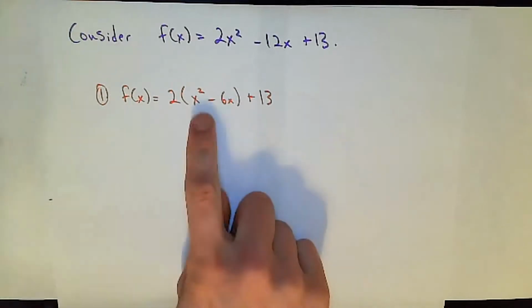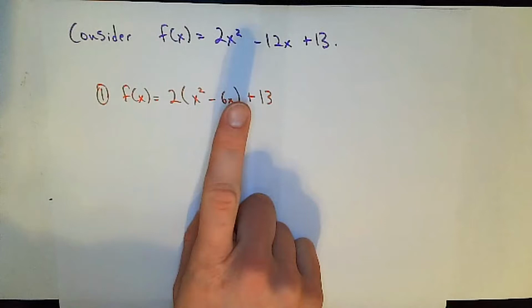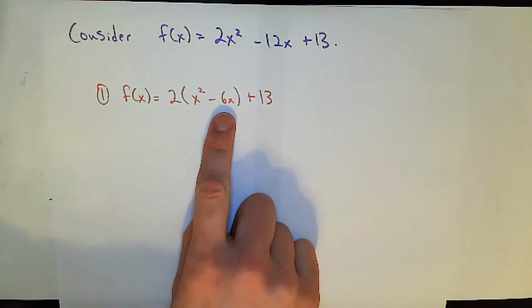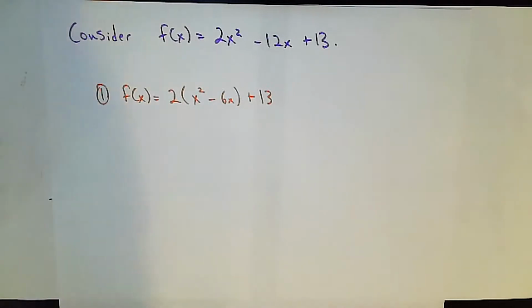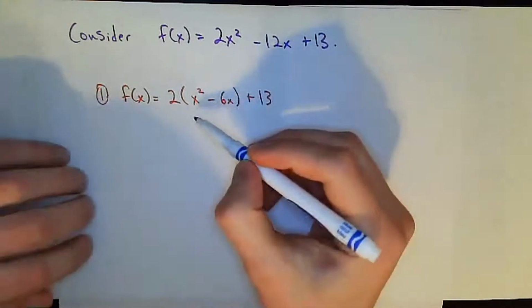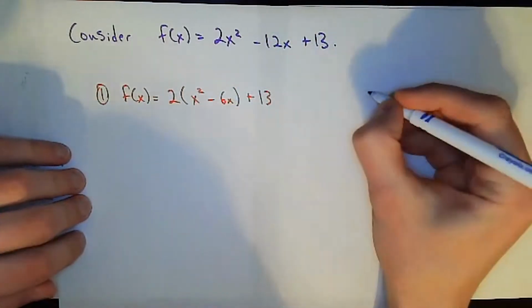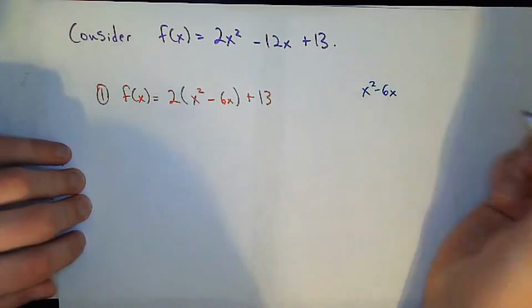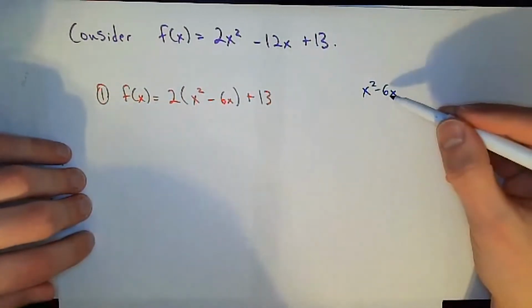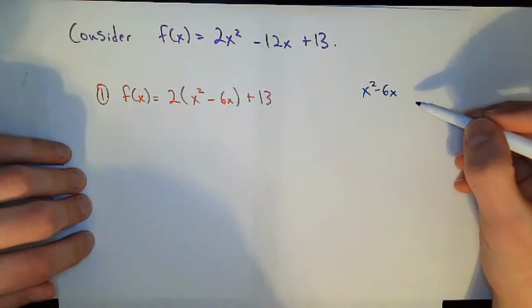And then we're going to work inside the parentheses to find the term that should be added and subtracted. What should it be? Since inside here a is equal to 1, I'm just working with the x squared minus 6x part. What do I add to make it a perfect square trinomial?